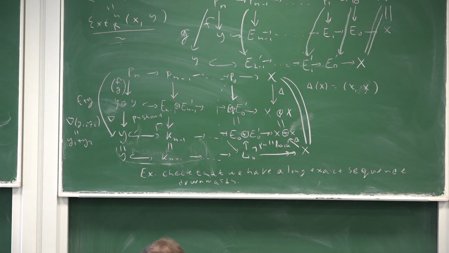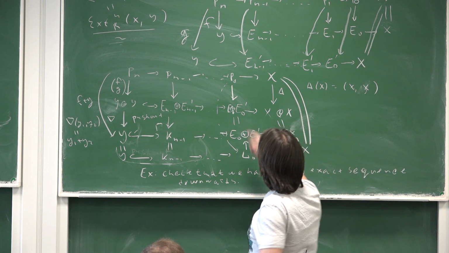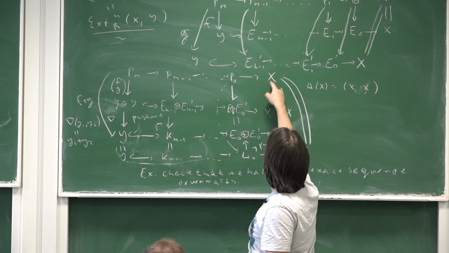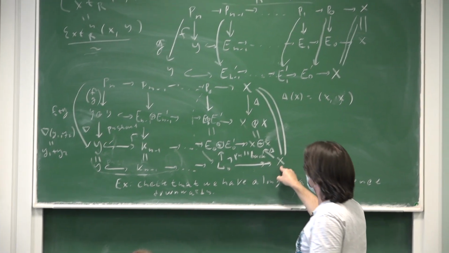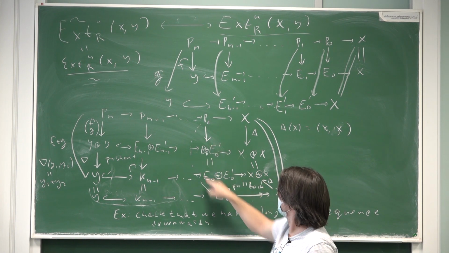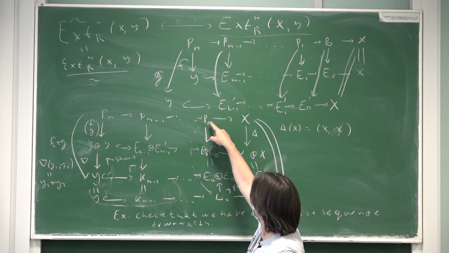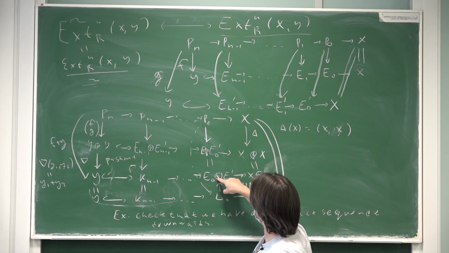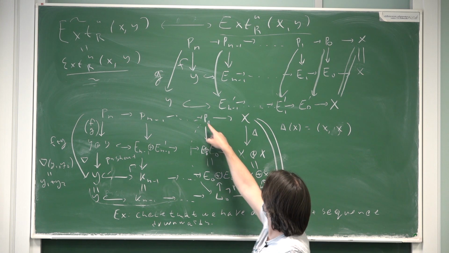But this map can be constructed using the pullback property, because we have a map from here to here, and we have a map from here to here, such that when we compose with this and this, we get the same thing. So there is a map from here to here, such that this composition is this one, and this composition is this one.